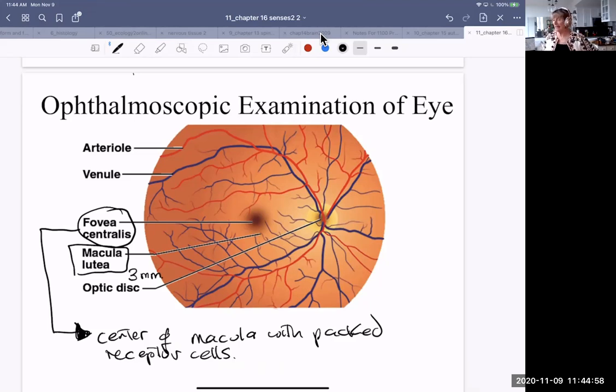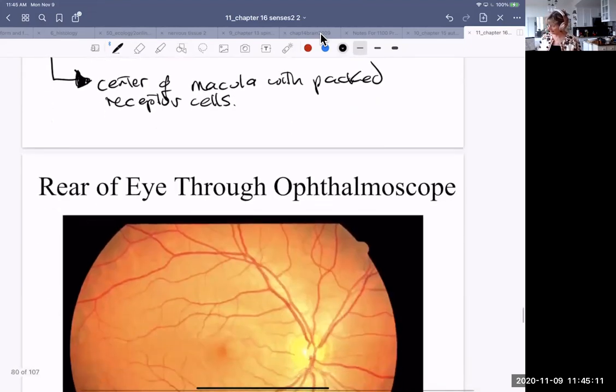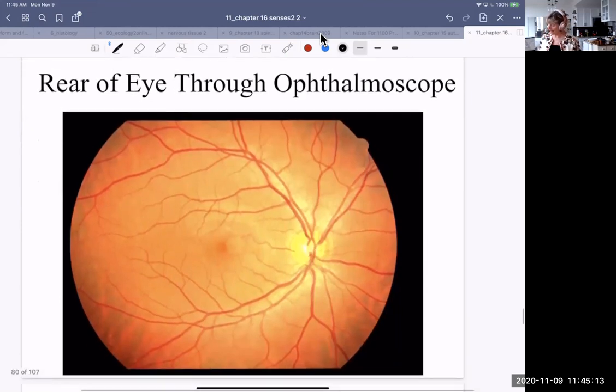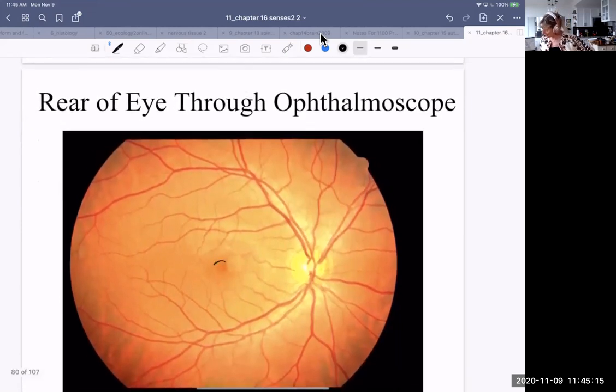So an examination of the eye will show the condition of the eye based on the blood vessels and the macula, which you can see here.